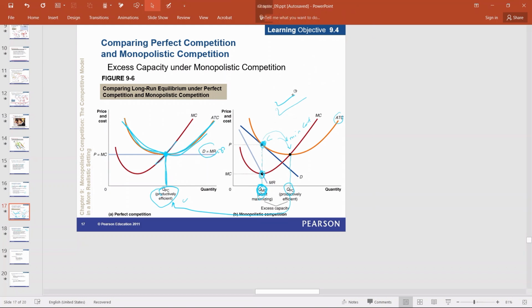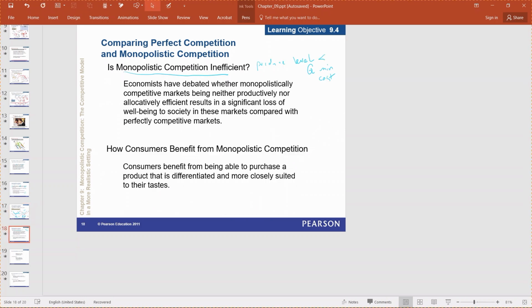This level is lower than the level of production or level of output that achieves the lower or the minimum cost. Therefore, monopolistic competition doesn't guarantee productive nor allocative efficiency in the market.